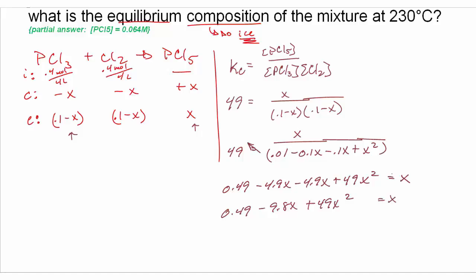Bring the x over to the other side and rearrange. I'll have 49x squared minus 10.8x plus 0.49 equals 0.